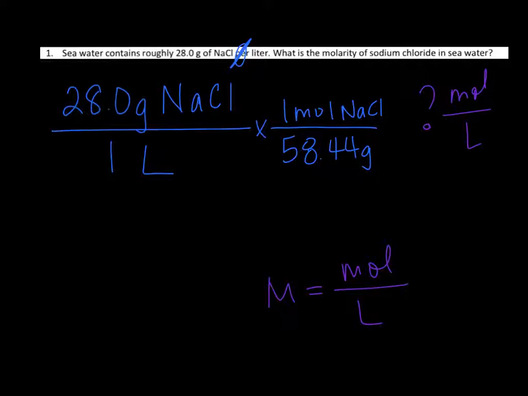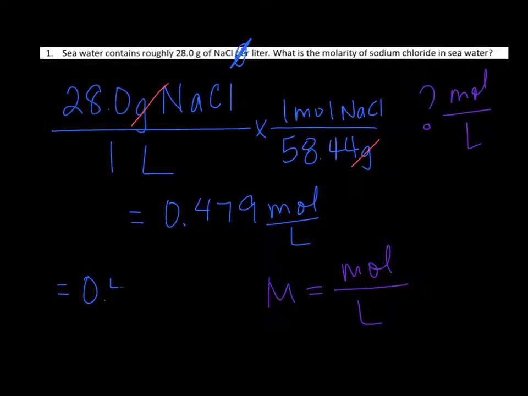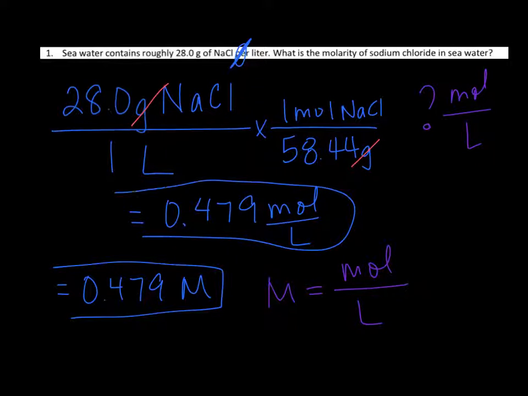So if I take 28 divided by 58.44, I end up with 0.479 moles per liter, because the grams canceled out. And I could also write that as 0.479 and then with a capital M, so 0.479 molar. So both of these answers mean exactly the same thing.